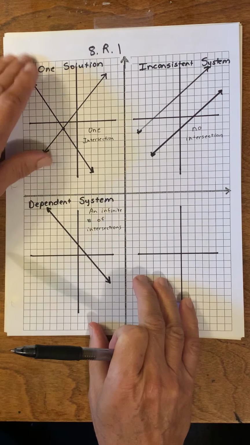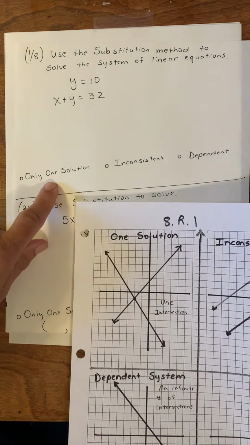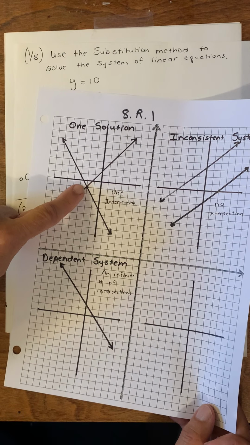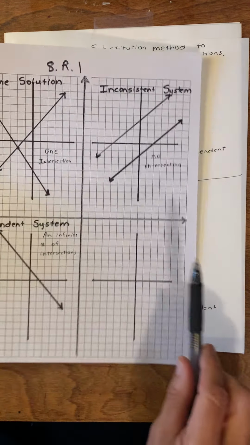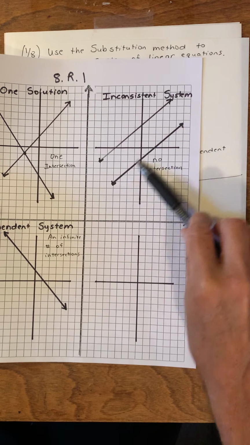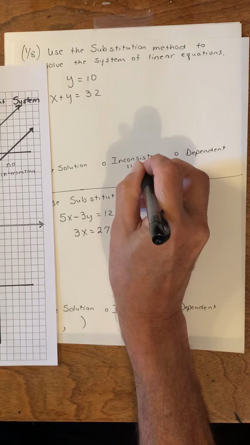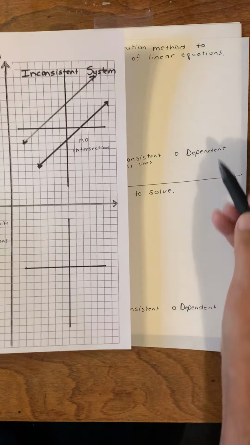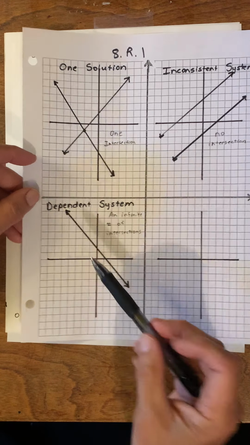One can sit right on top of the other, in which case there is an infinite number of intersections. Now these are what we mean by: is there one solution, one intersection? Is it an inconsistent system? Inconsistent means they are parallel lines. Dependent is another name for what happens when the two lines overlap.